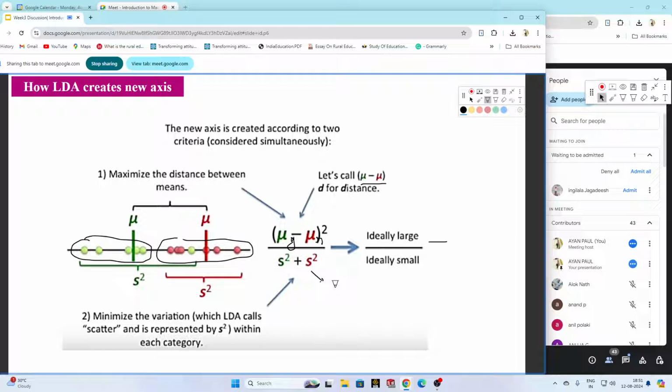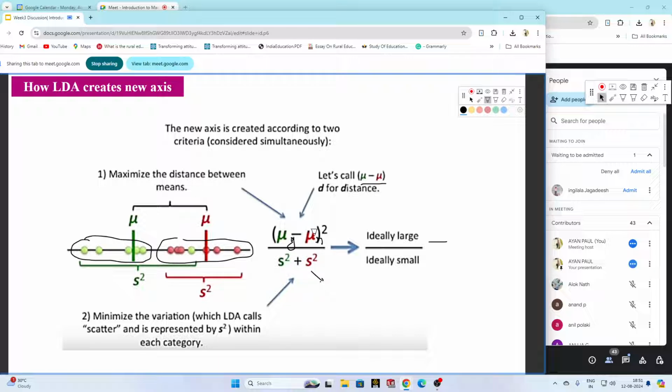This is called variation within the classes. We want variation within the classes to be as small as possible, and this is called variation between the classes. Why is it called variation between the classes? Because we are discussing the mean of two classes.